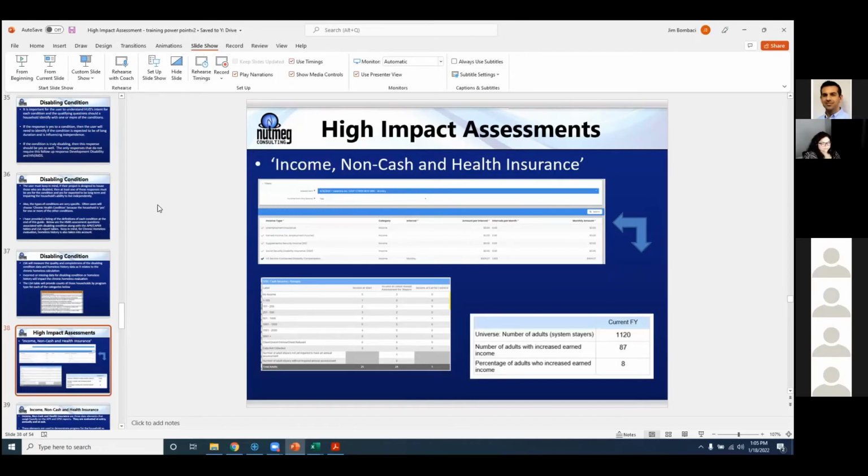So if people are improving income over time, if people are gaining access to non-cash categories or health insurance categories over time, that's obviously looked at favorably by HUD. It's also calculated for the CoC funded projects on your SPM report. So it's really important that you do those annual assessments.